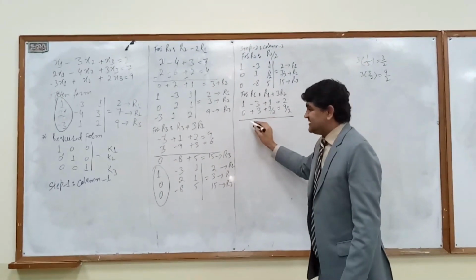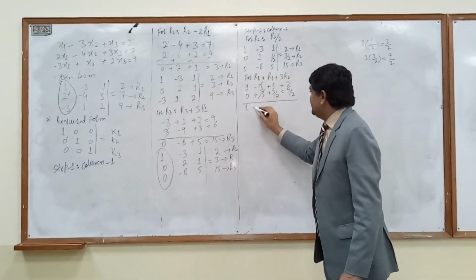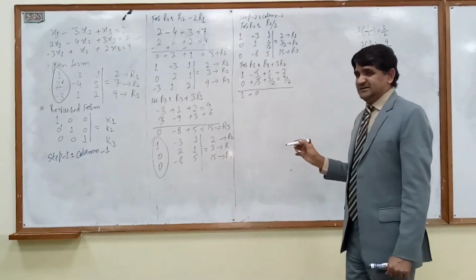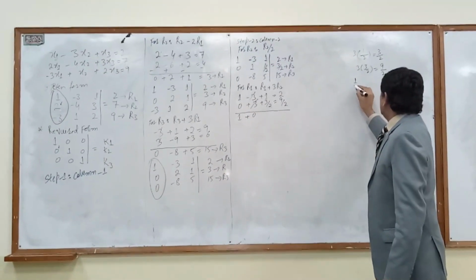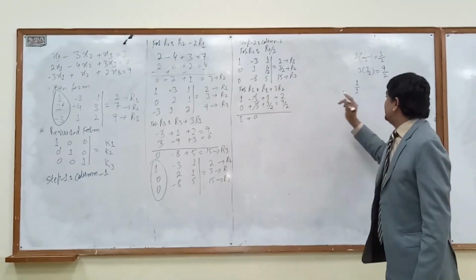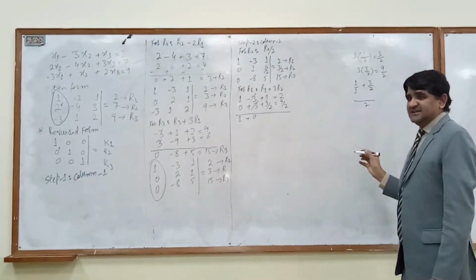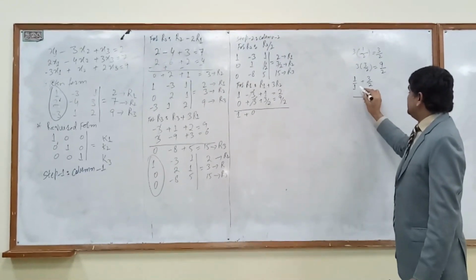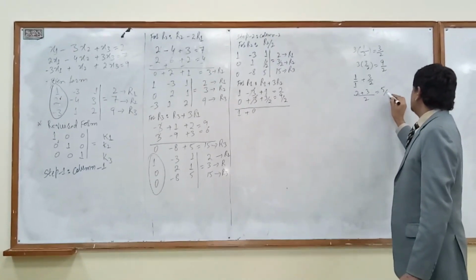1 plus 0 is 1. The minus 3 and plus 3 are cancelled. We require 0 here. Yes. And 1 over 1, its denominator is 1. And what's this? Plus 3 by 2. 2 is the LCM. 2 multiplied by 1 is 2, plus 3 is 5 by 2.